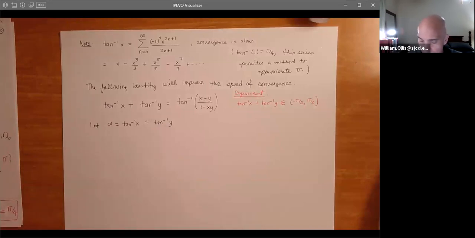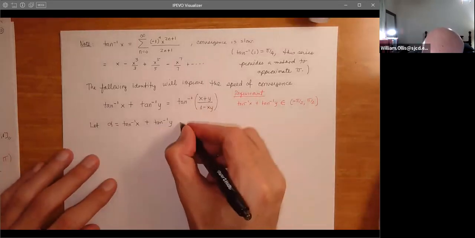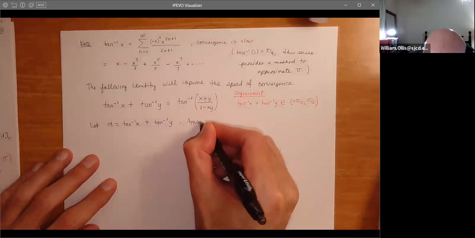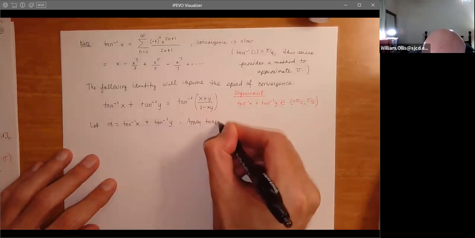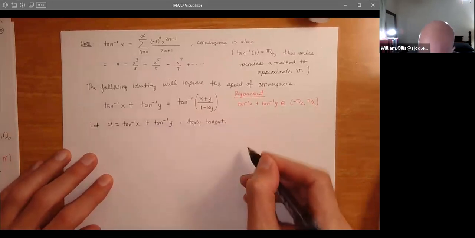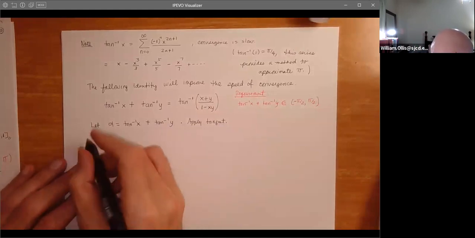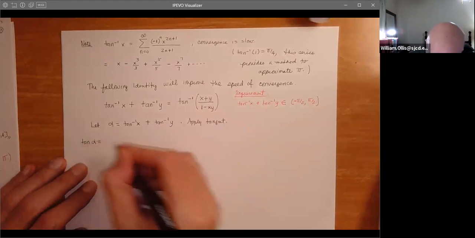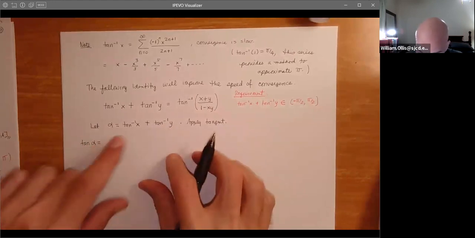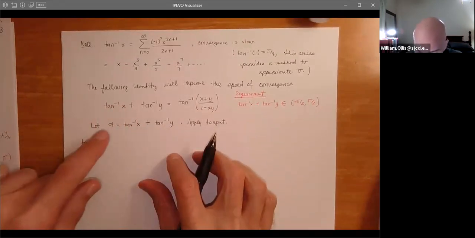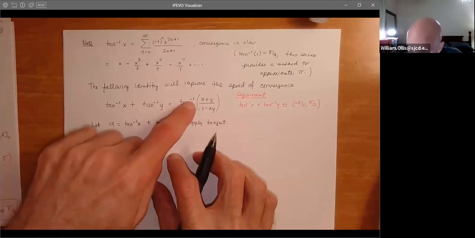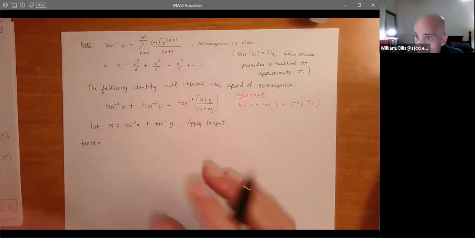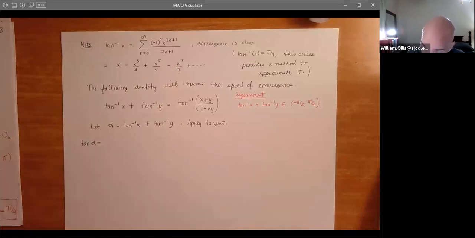So this is maybe not so bad. So now you apply tangent. And that's going to give us what we need. So we can say that tangent of alpha, because if I take the inverse tangent of that, I get that. So I'm thinking that the tangent of this will give me that. So we're done once we reciprocate it or invert it.